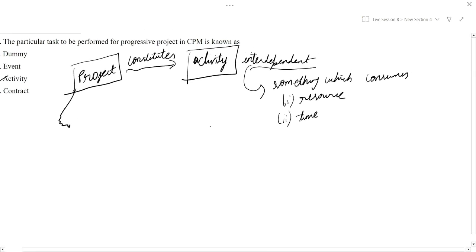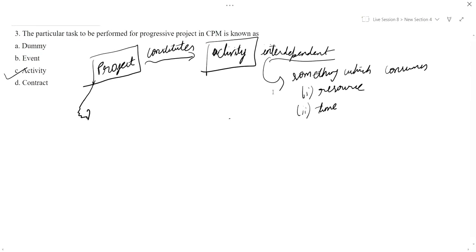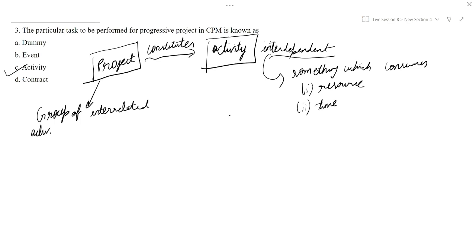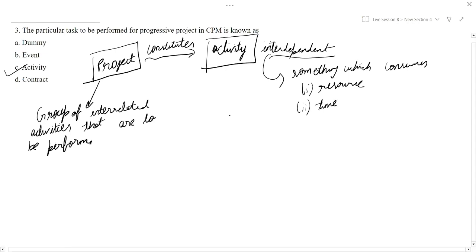Now, what is a project? A group of interrelated activities that are to be performed in a proper sequence.